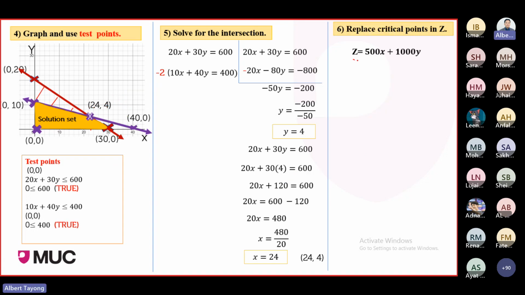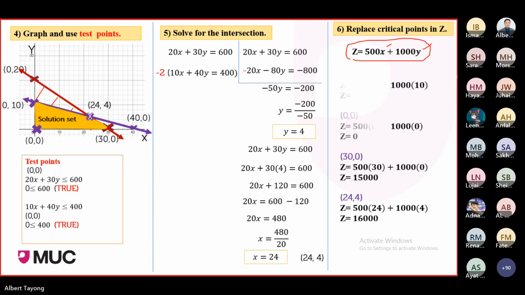Okay, so this is given. We have to change our x and y and see which one is the highest. So using 0, 10, this point, we're going to change our x to 0, y to 10. It becomes 10,000. Of course, for 0, 0, it is 0.